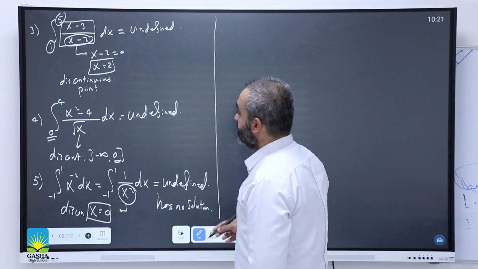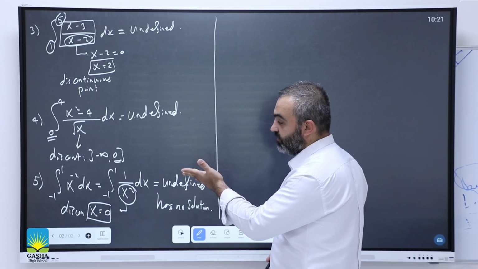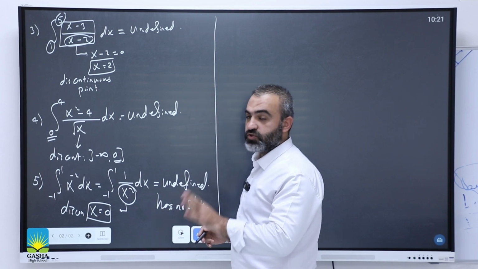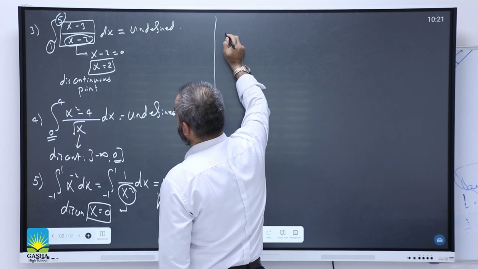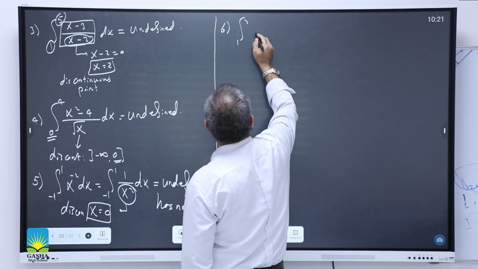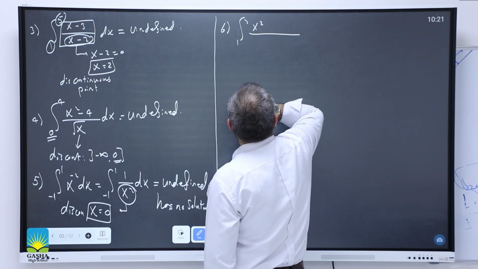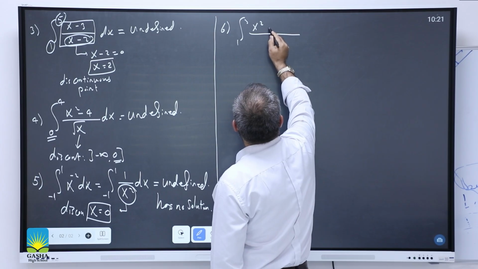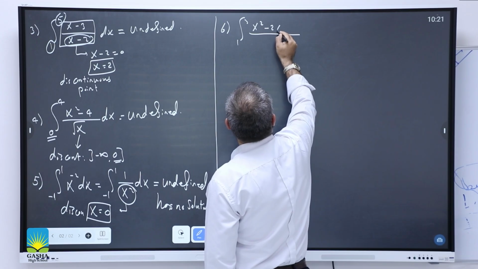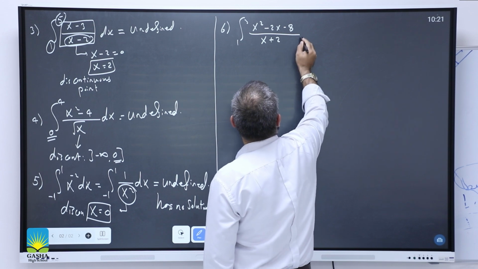But if we have a discontinuous point that is not included in the interval, then it must be solved like this. Number 6: the integral from 1 to 3 of (x squared minus 2x minus 8) over (x plus 2) dx.